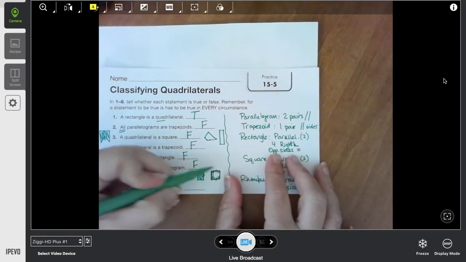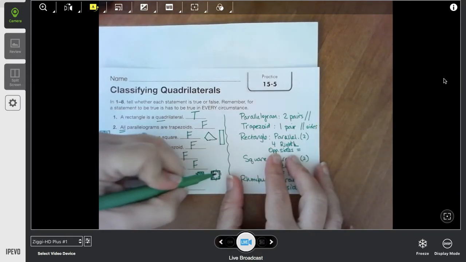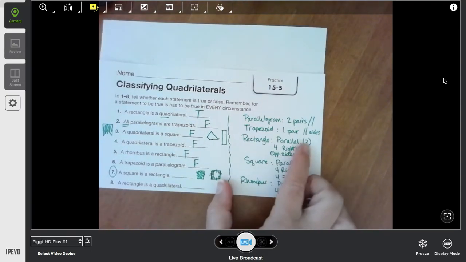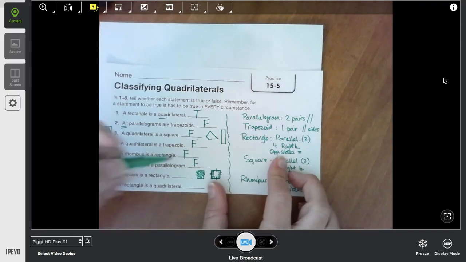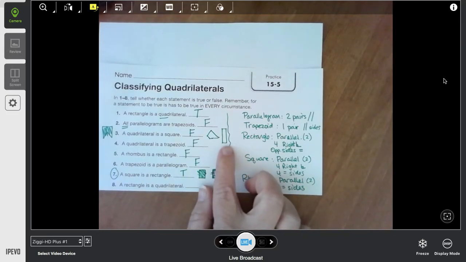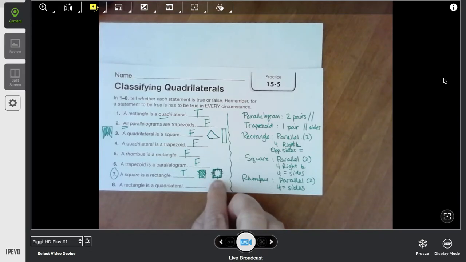This side equals this side, and this side equals this side. So the opposite sides are equal. And that's all the properties for a rectangle. So yes, a square is a rectangle. A square is always a rectangle. We picture rectangles to look like this, but you have to remember that a square is also a rectangle because the opposite sides are equal. It just so happens that those adjacent sides are also equal.